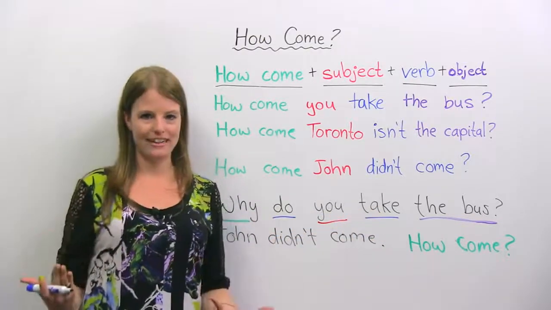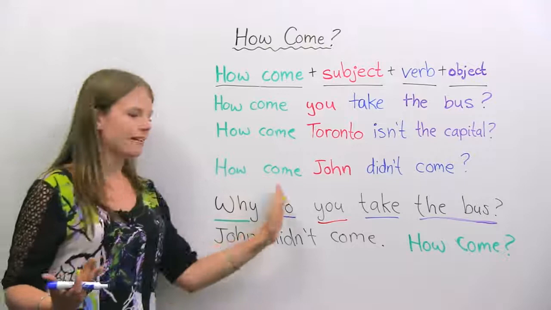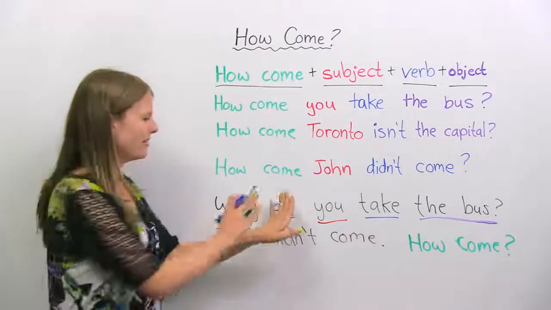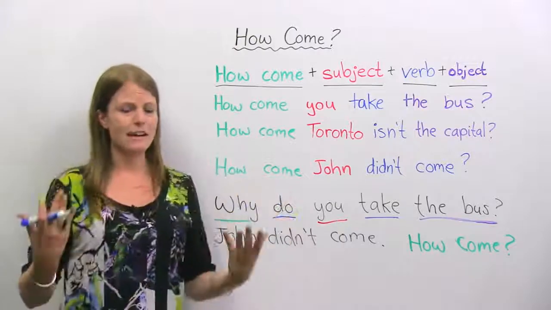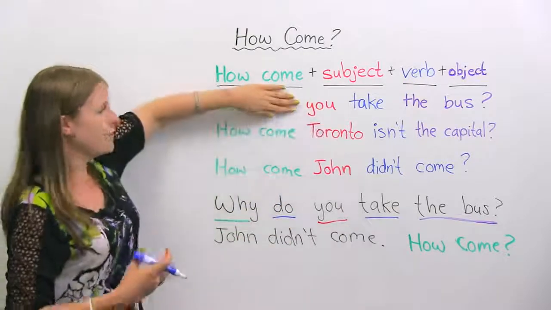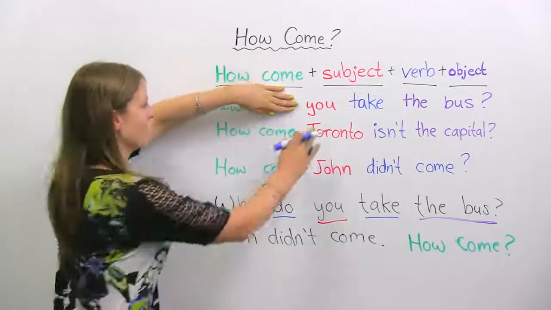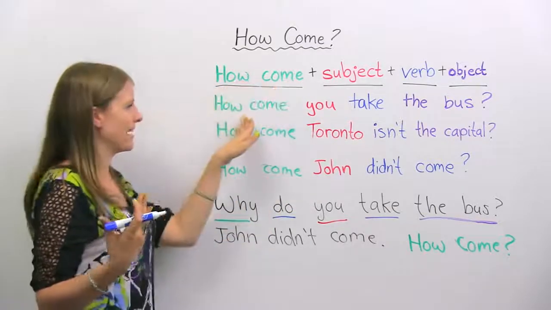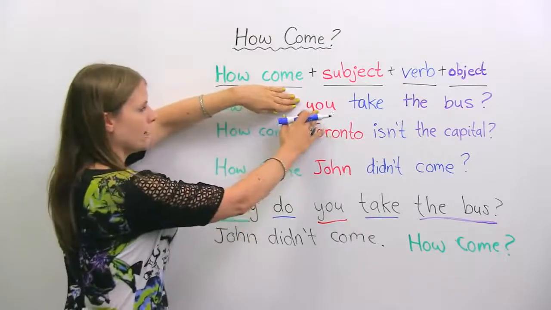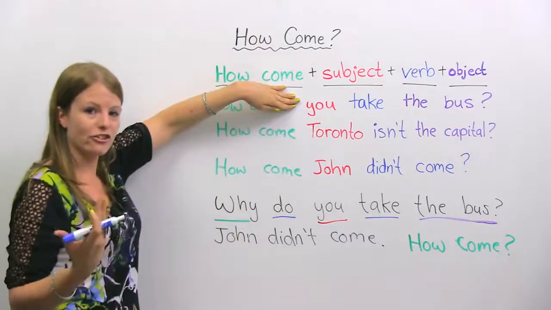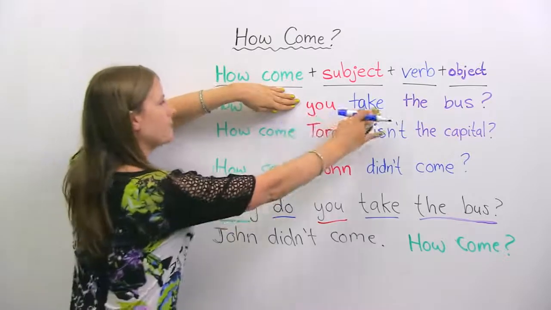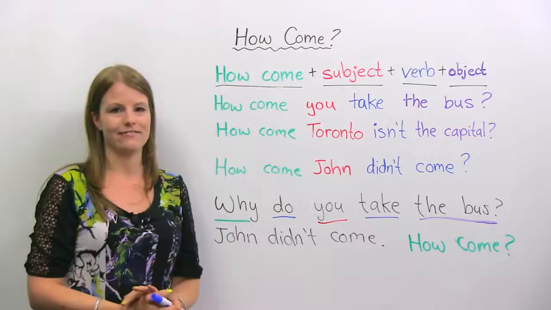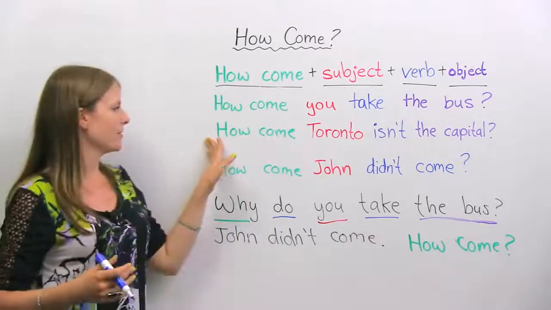But this is not correct English. For why, we always need something here. Now, the nice thing about how come is you don't need this, okay? If you can make an English sentence, you take the bus, you can change this into why just by adding how come. So the structure is just like a regular English sentence. We have the subject, the verb, and the object, and then we just add how come at the front of it.